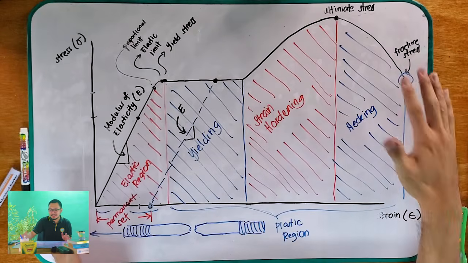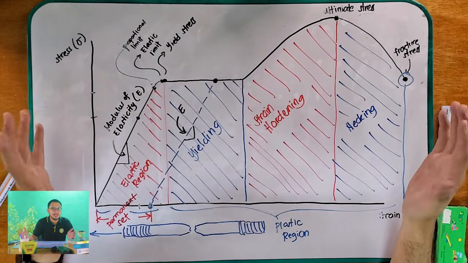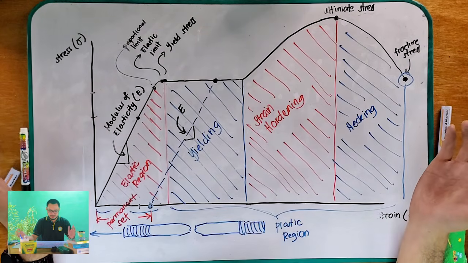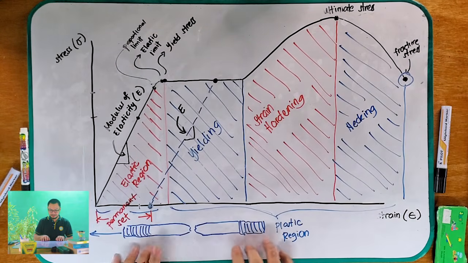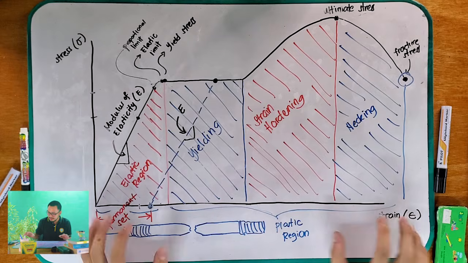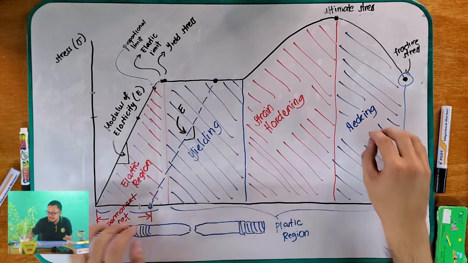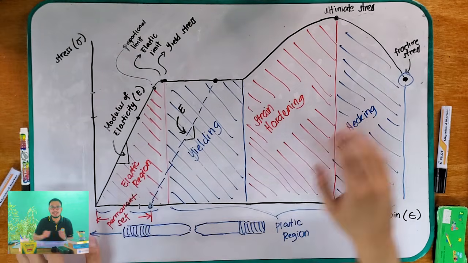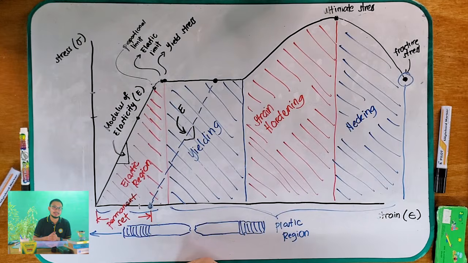So, understood? Have you understood how this diagram works? And how kaning atong tensile test is done? Okay? So, I hope that you are familiar with these regions here because this is very important.